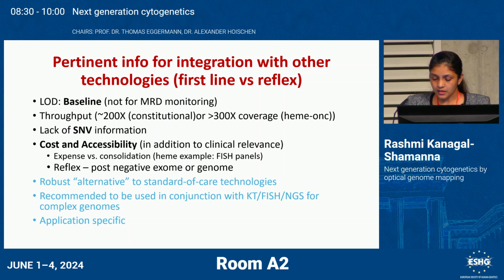So all of these come into the picture. For example, in constitutional disorders, OGM would fit in very perfectly if the genome or the exome testing is negative. On the other hand, in heme, because it replaces the FISH that I'm going to highlight, it can serve very well as a first-tier assay.